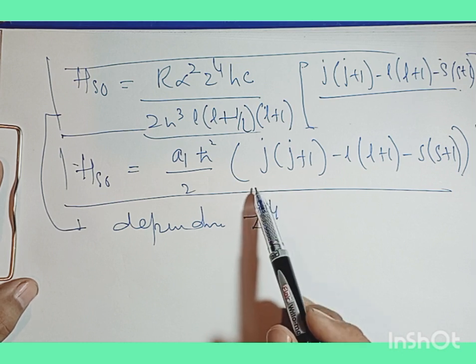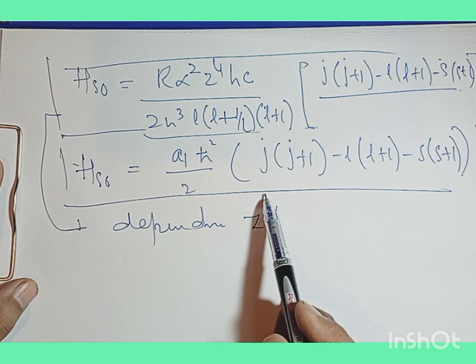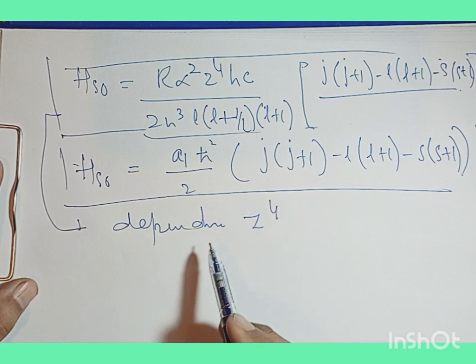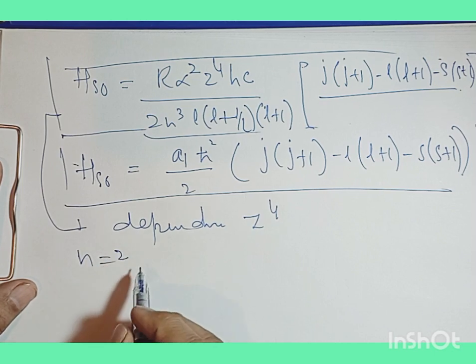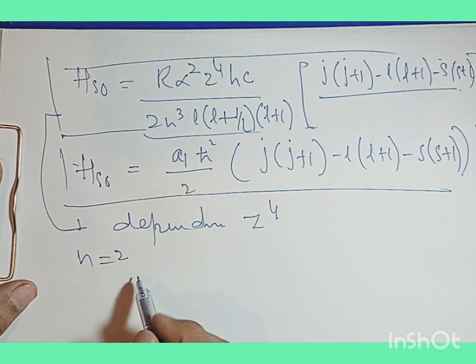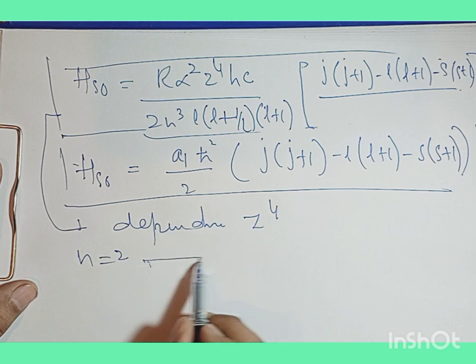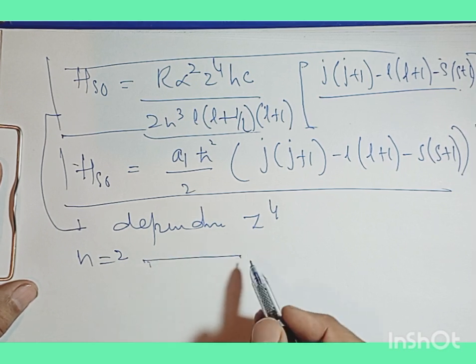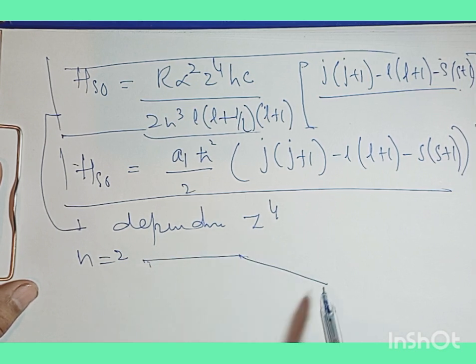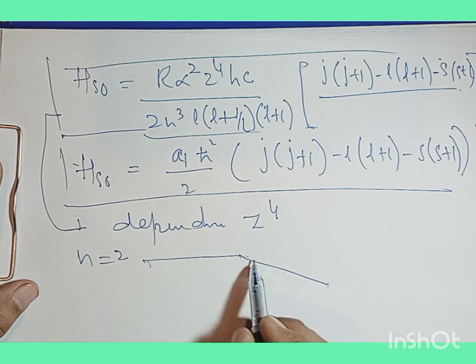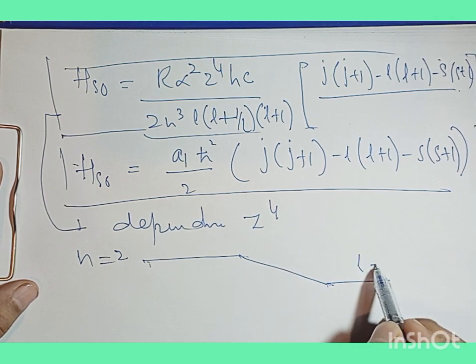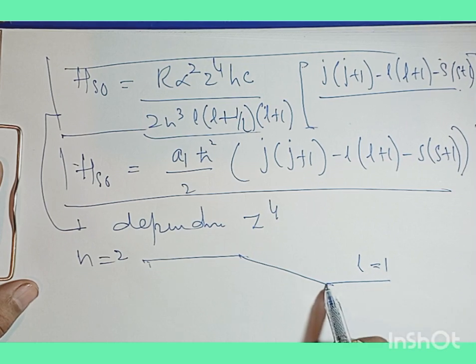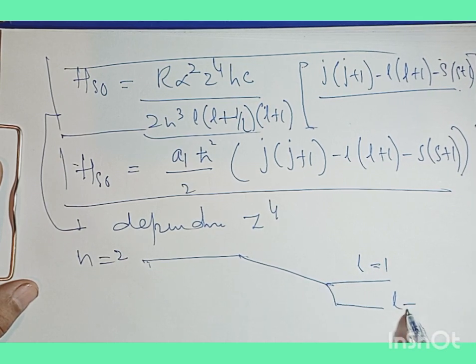Now, if we try to analyze the results that we have obtained here, if I take the state n is equal to 2, for n is equal to 2, I'll have L is equal to 1, and I'll have L is equal to 0.